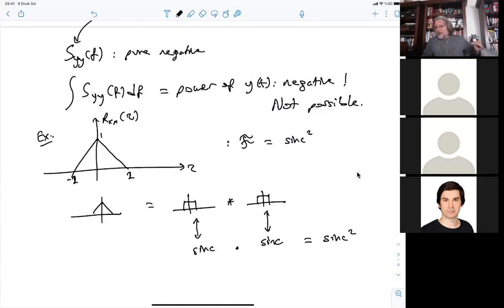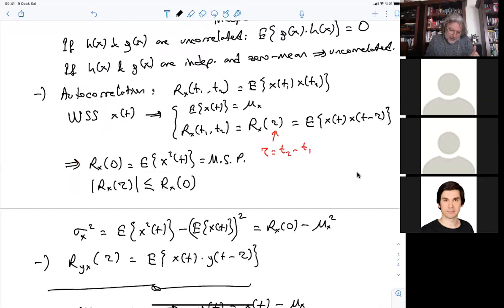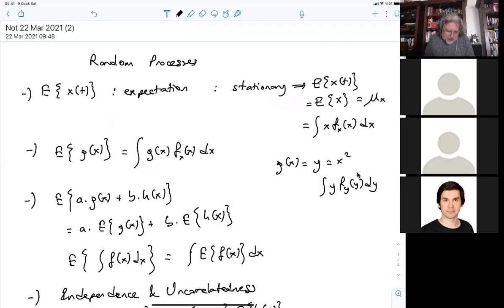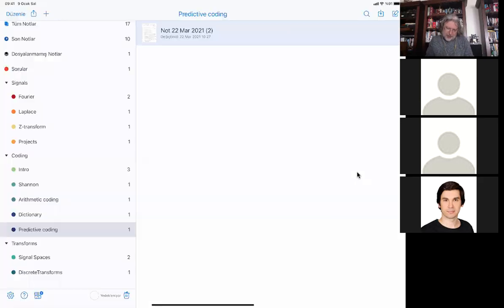Anyway, this was a long introduction, but I hope that it would be beneficial for you to have an understanding about some fundamental concepts of random signals, because right now, after the break, we will be starting the predictive coding, as the title suggests. Now we are covering the predictive coding.